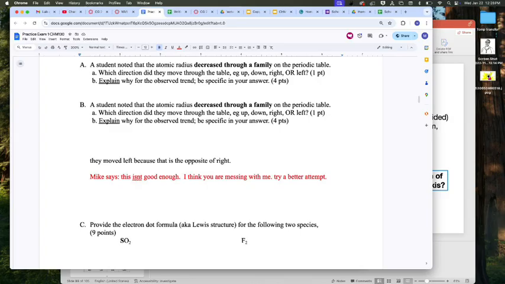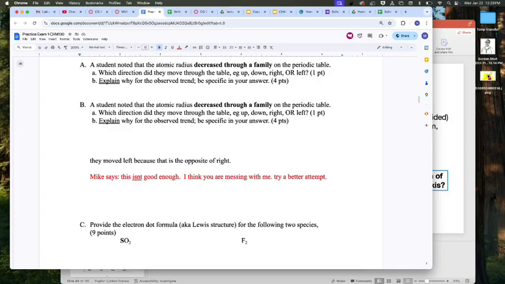We've got our grid pattern. We can go left, right, and we can go up, down. And if we're talking about atomic radius, the radius changes both left, right, and up, down. So how do you know which direction you should be looking at? The word family. Are you responsible for knowing what family means? Yep. So what you would have to do is not just say it's decreasing this direction, but also acknowledge what a family is.